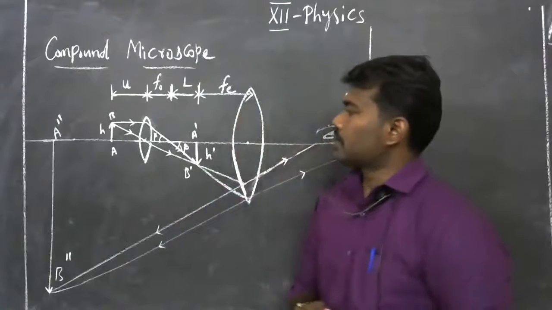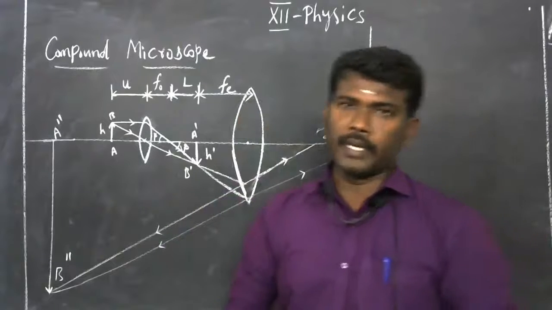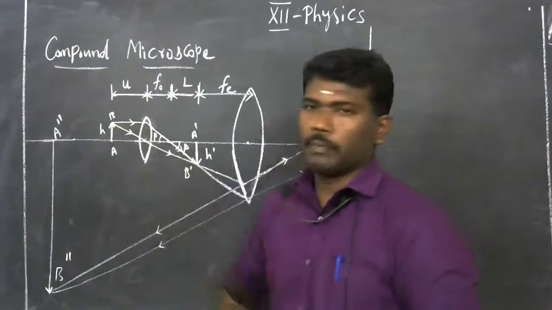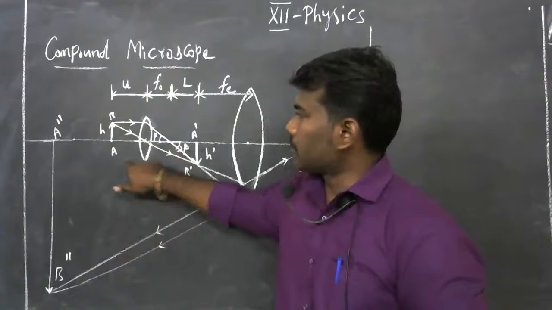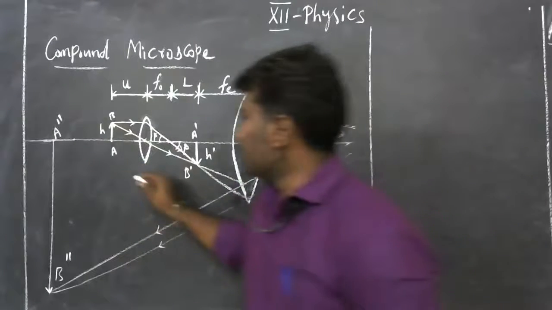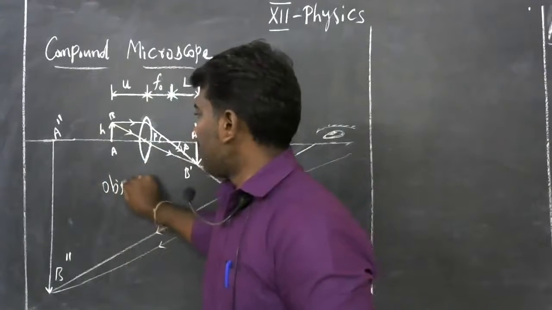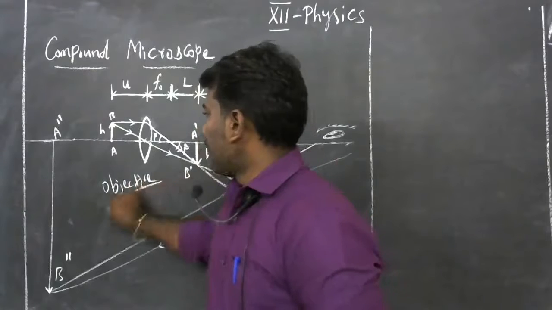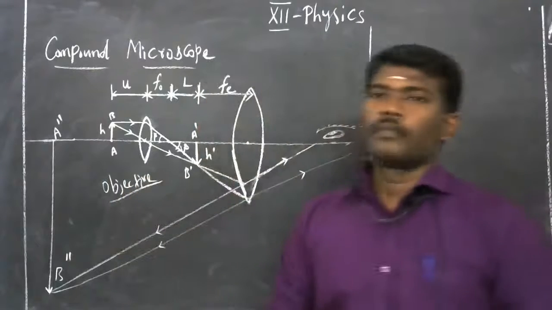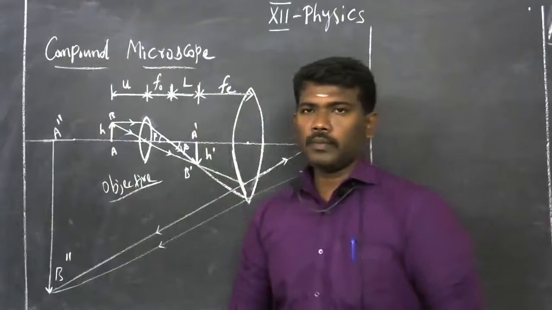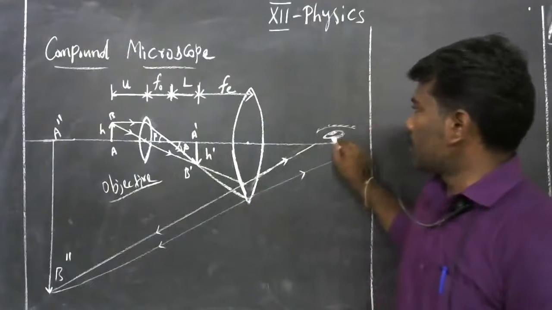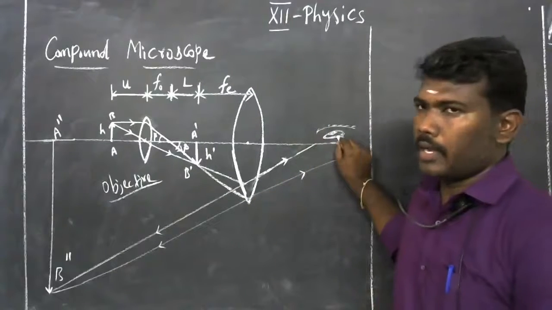Which lens is closer to the object? Now we can say AB is the object. So this convex lens is closer to the object, and this is called the objective lens, or objective. And which lens is closer to the human eye?